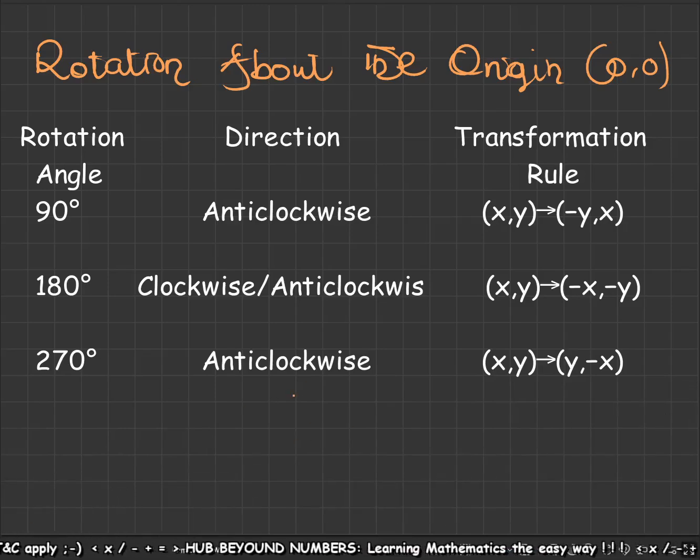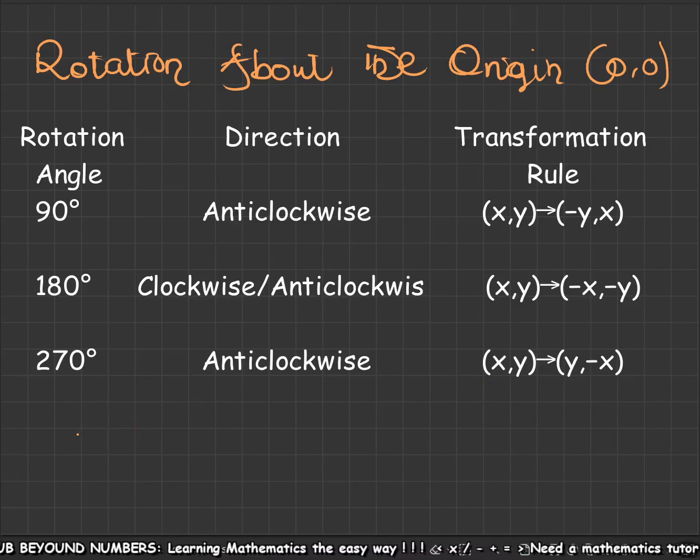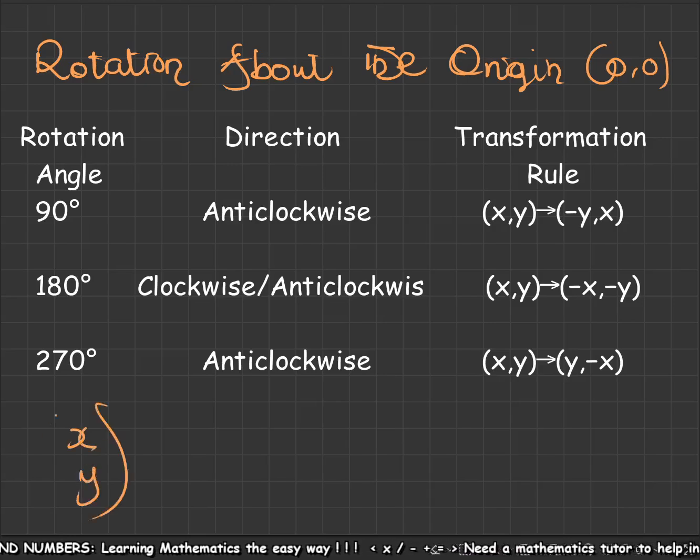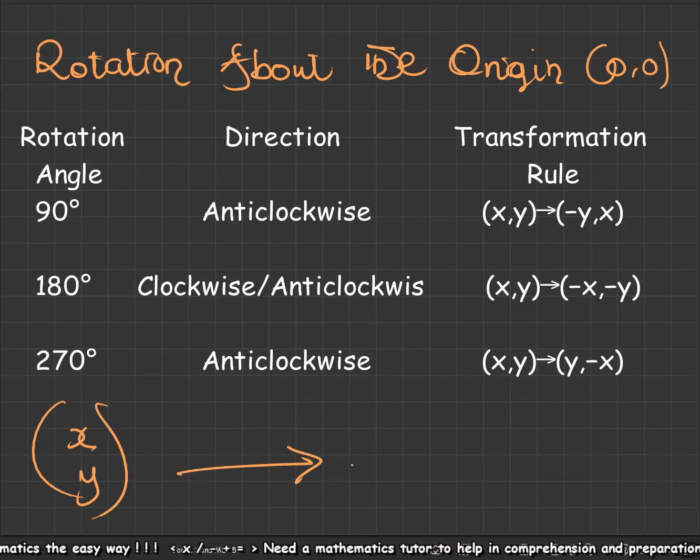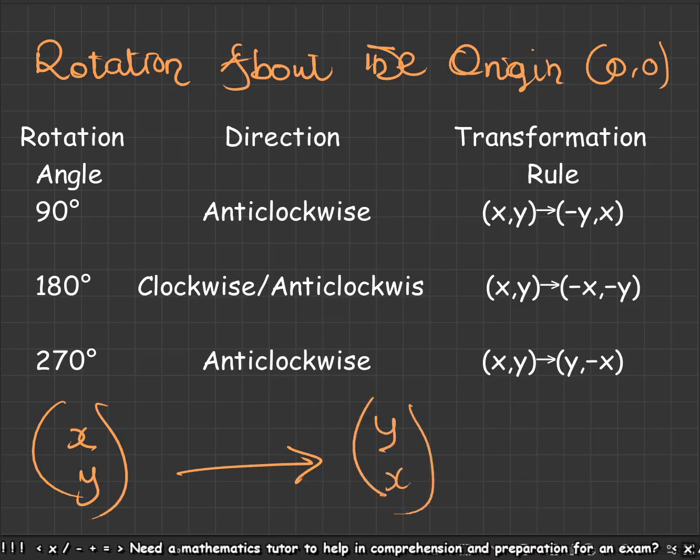Then the last one, that is anti-clockwise, 270 degrees. For 270 degrees, if you have x and then y and you want to rotate, you should also interchange your x and y values so that I have y and then x. Then this time around, we negate the one that has become our y coordinate.